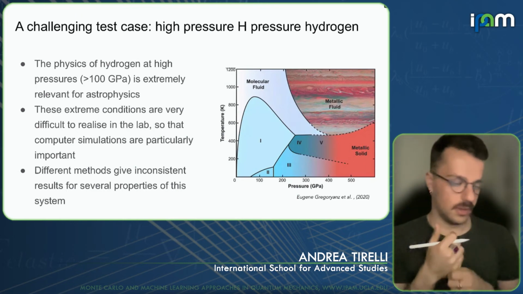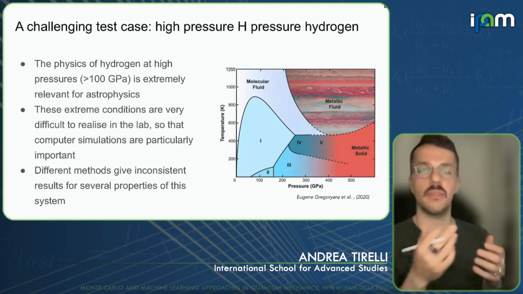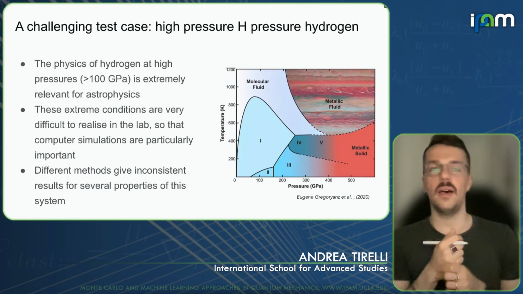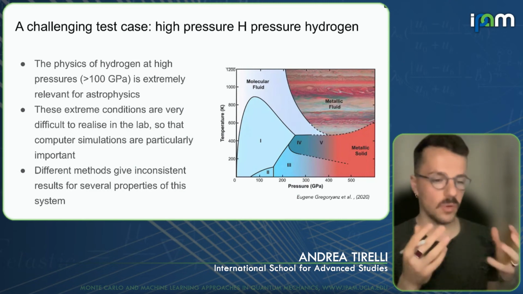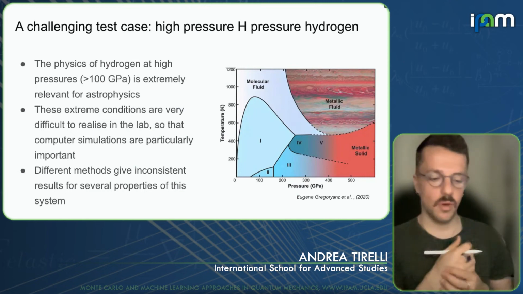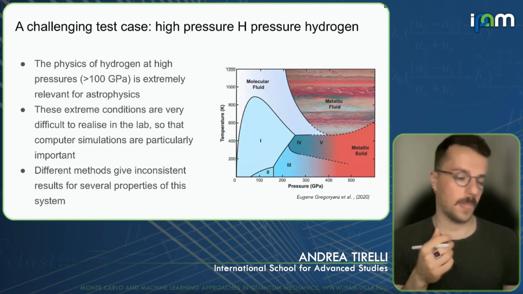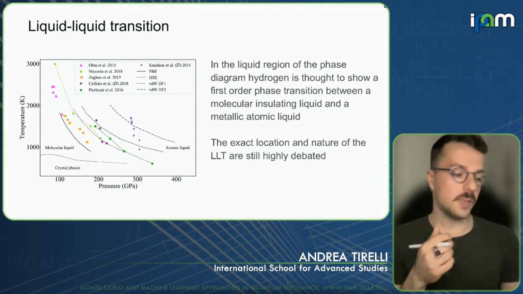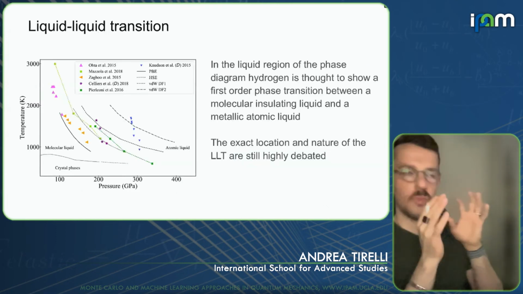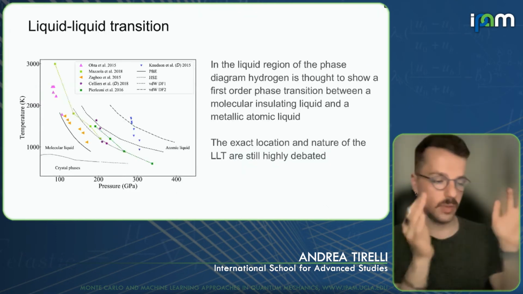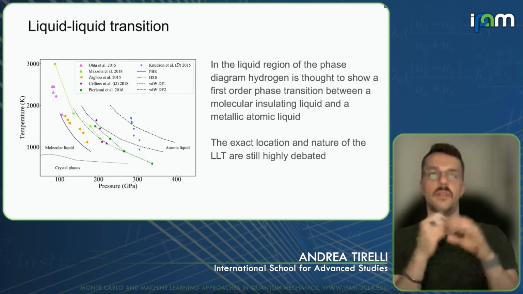And the striking thing is that different methods lead to quite different phase diagrams, and so there is quite an ongoing discussion on this topic, especially if we want to focus on a small region of the phase diagram.